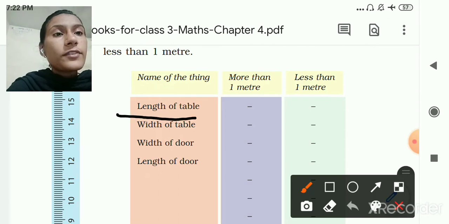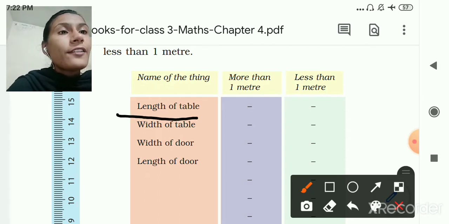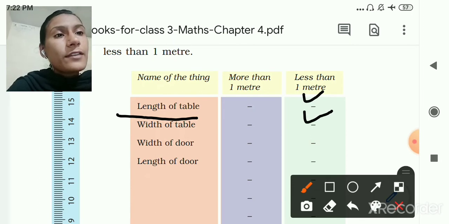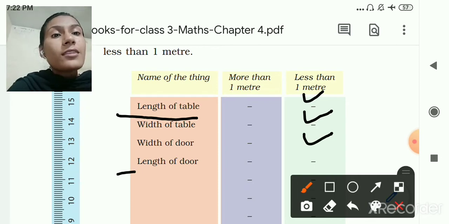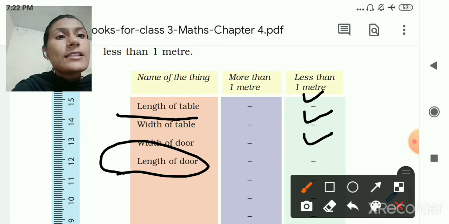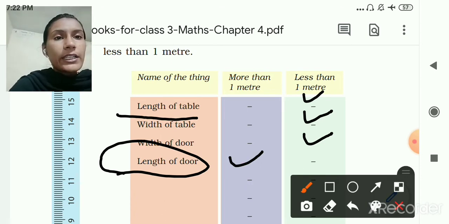Length of the table is less than 1 meter. Width of the table is also less than 1 meter. Width of the door is also less than 1 meter. Length of the door is more than 1 meter. You have to tick this in your textbook with a pencil.